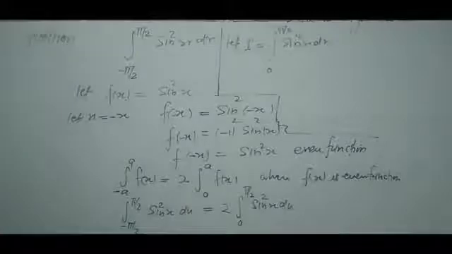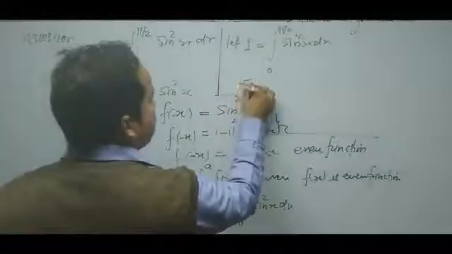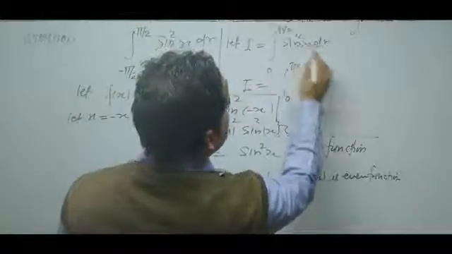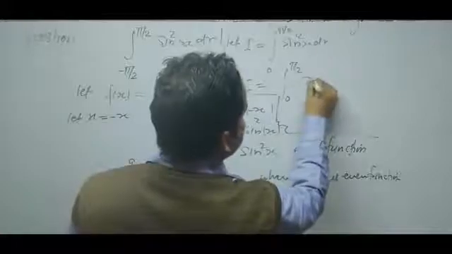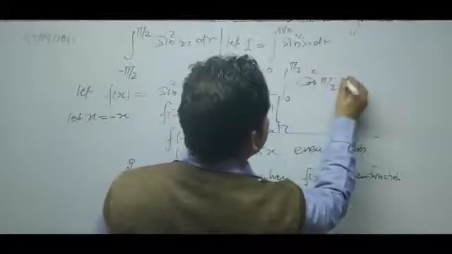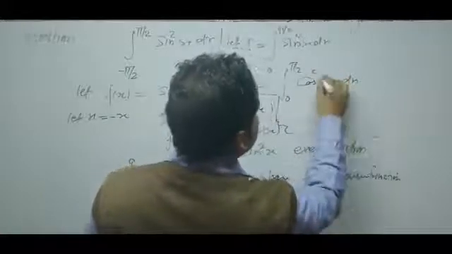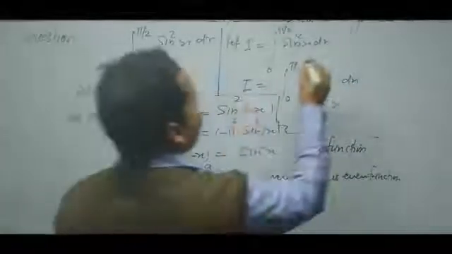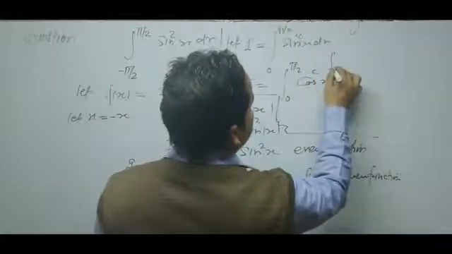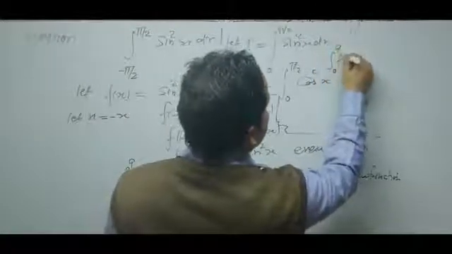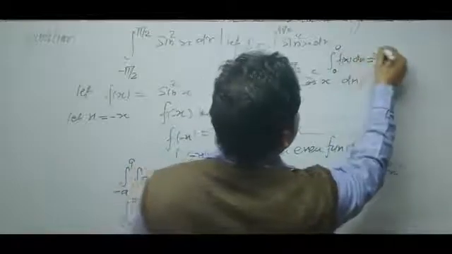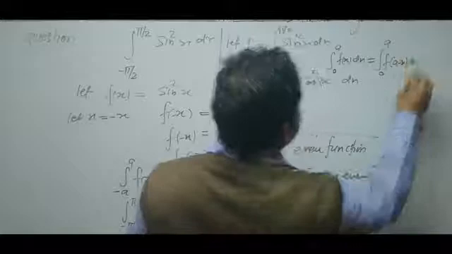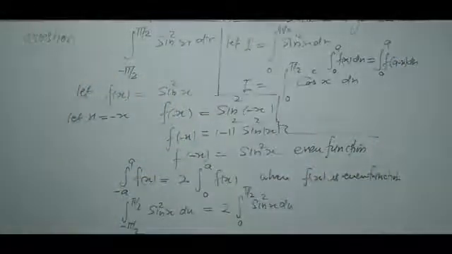Now this I we can write as integration from 0 to pi by 2 of sine square (pi by 2 minus x), so the result will be cos square x dx. We have used the formula: integration over 0 to a of f(x) dx is equal to integration over 0 to a of f(a minus x) dx.